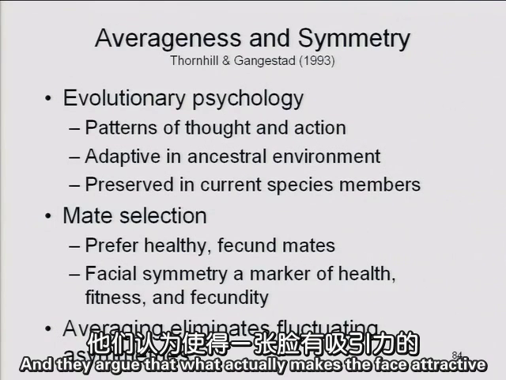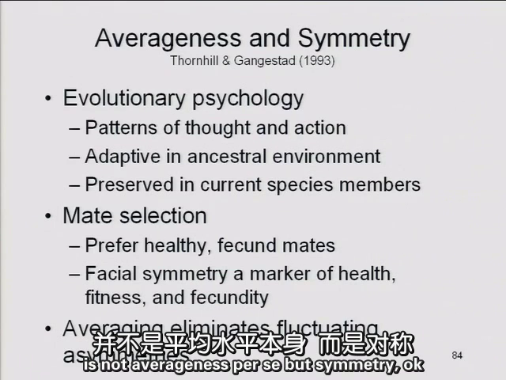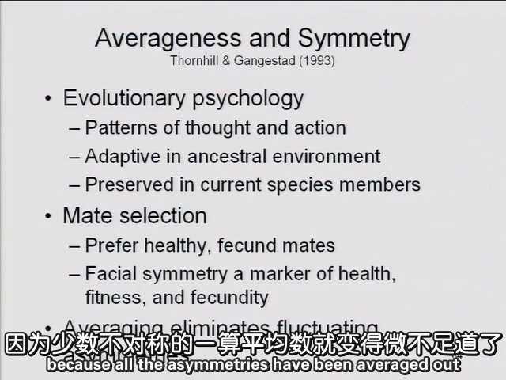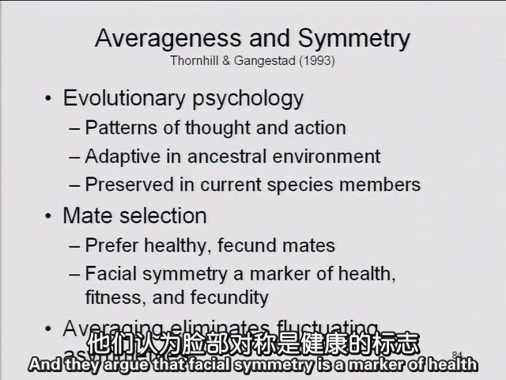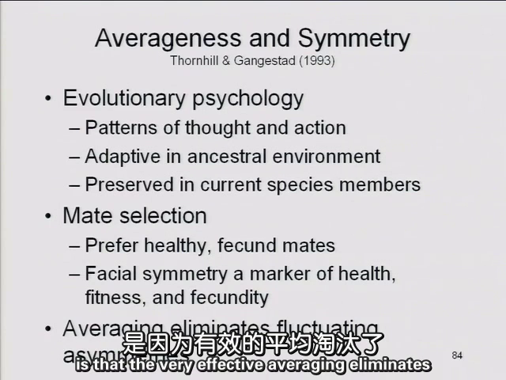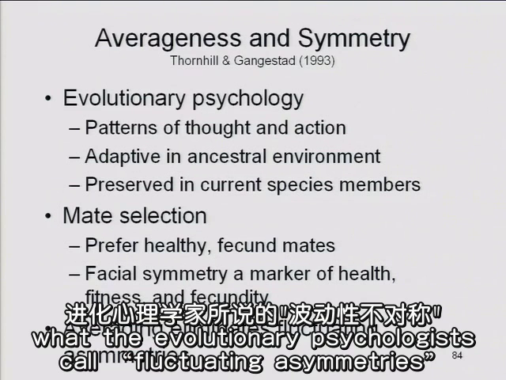And they argue that what actually makes a face attractive is not averageness per se, but symmetry. Okay? Average faces are by definition very symmetrical because all the asymmetries have been averaged out. And they argue that facial symmetry is a marker of health, and that the reason average faces are attractive to us is that the very fact of averaging eliminates what the evolutionary psychologists call fluctuating asymmetries.